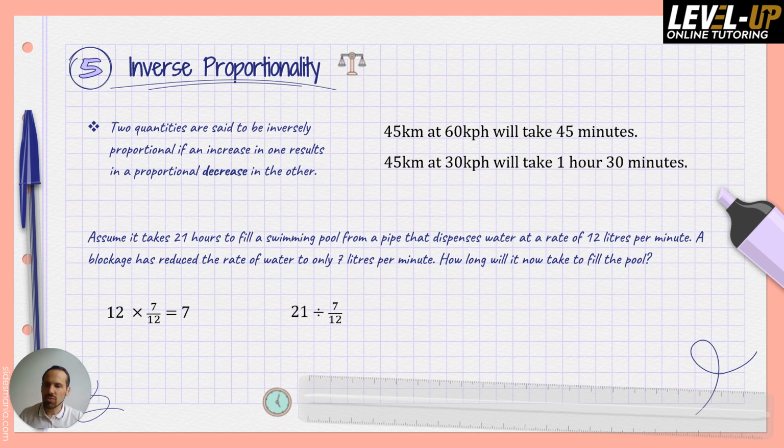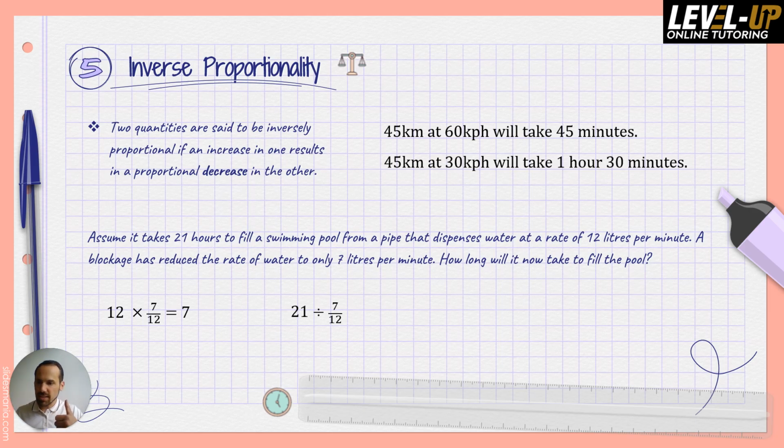We can apply the same thing to the 21, but you see before where we multiplied each one by the scale factor, this time we're dividing it because it's inversely proportional. As one goes up, the other one goes down. Here, the rate of flow has gone down, because we multiplied by 7 over 12, which is less than 1, so it's reducing it.